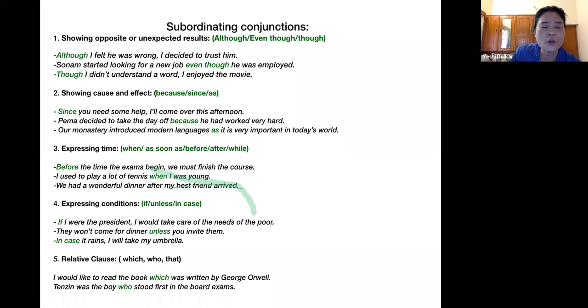Tenzin was the boy who stood first in the board exams. The boy who. So you use which, who. I read the book that I borrowed from you.